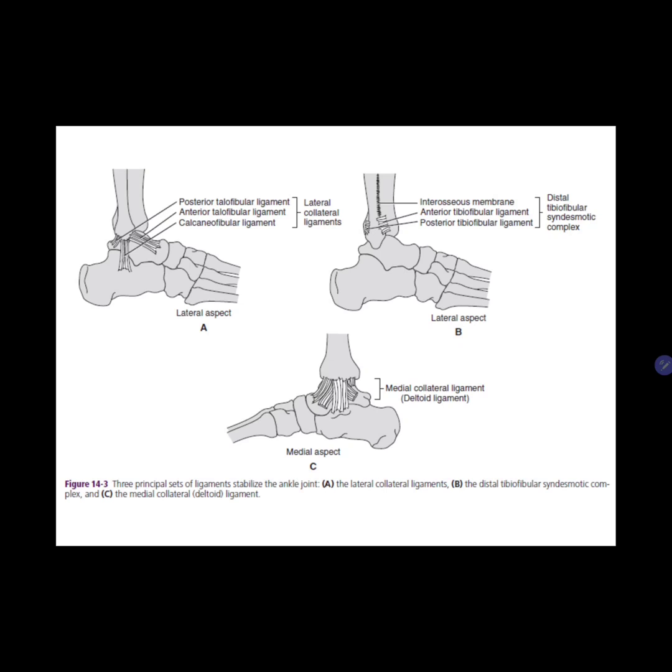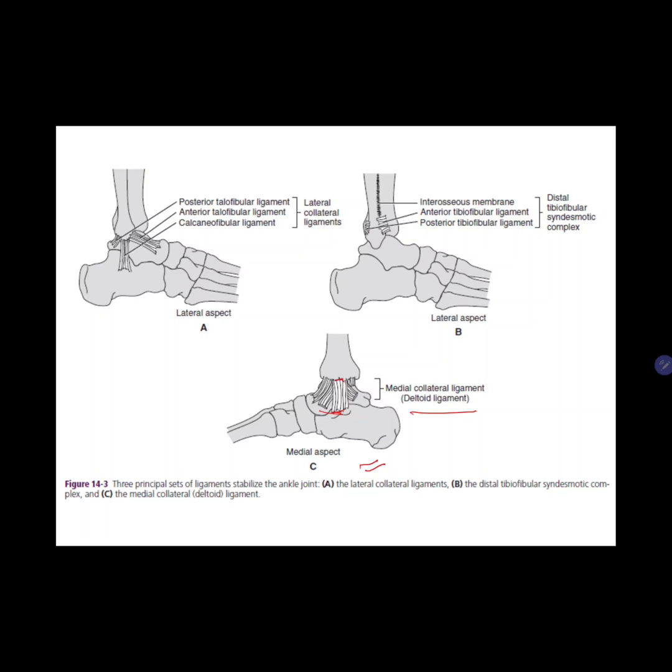So the medial collateral ligament, also known as the deltoid ligament, this one here, consists of a variable number of superficial and deep bands expanding in a fan-like shape from the medial malleolus to the talus, the navicular, and the sustentaculum tali of the calcaneus. This ligament possesses great tensile strength and is rarely injured in isolation.